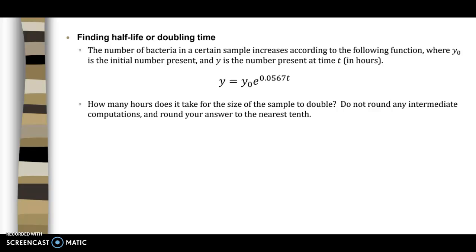So my drawing kind of freaked out for a minute there, but I'm going to end up getting t equals the natural log of 2 divided by 0.0567, which is approximately 12.2 hours. So it takes just over 12 hours for my bacteria to double.